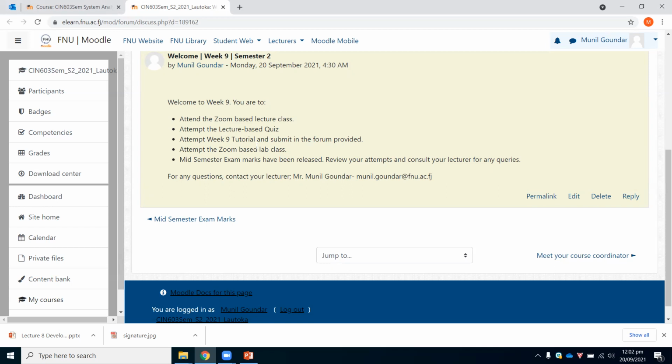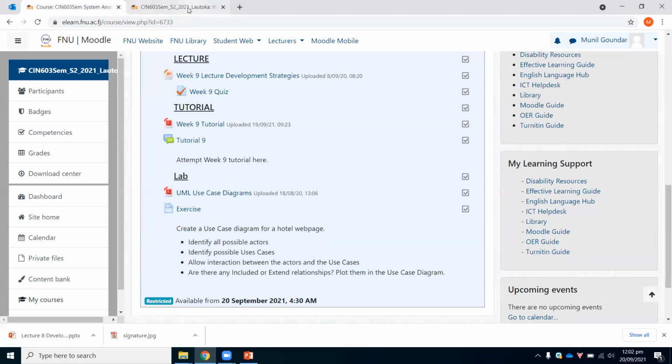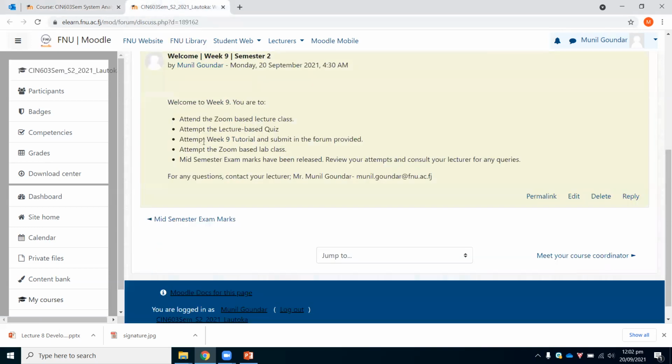In this week's lab class, we will be looking at use case diagrams. Use case diagrams are pretty complicated because you need to understand the procedures and the steps involved in drawing up a use case diagram. We'll try to make it interesting in Thursday's class and learn them accordingly.